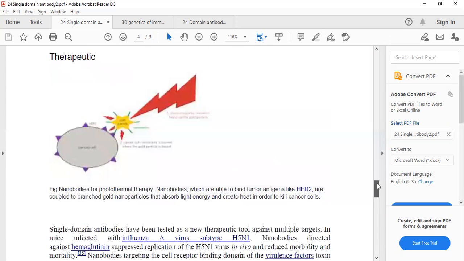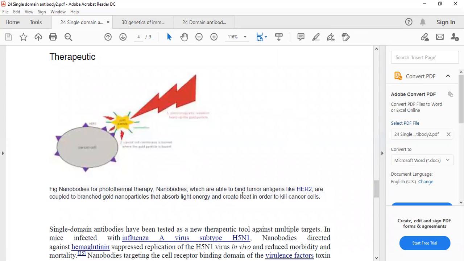The next thing is that they can also be used for therapeutic purposes, for example in cancer cells. Specific single domain antibodies can be used for binding to particular cancer cells.